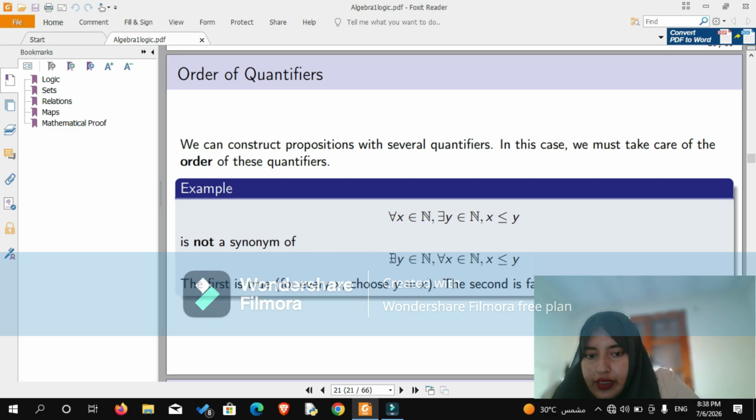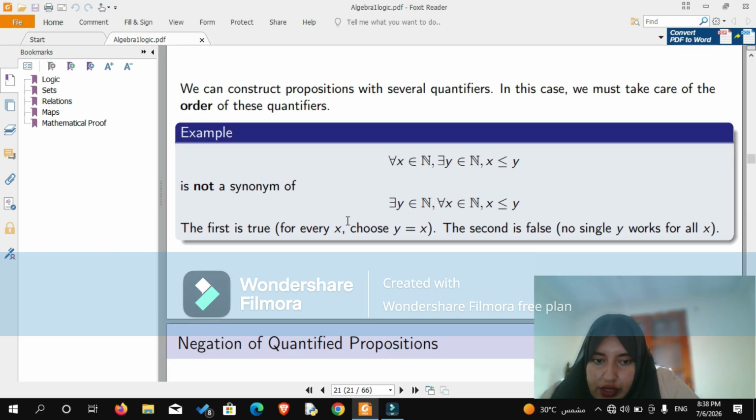That's not the same as there exists y such that for all x, x is less than y, because the first is true for every x, choosing y equals x plus one. The second is false. No single y works for all x.